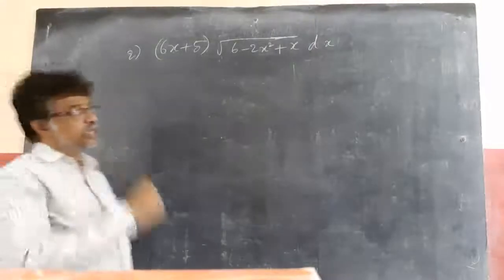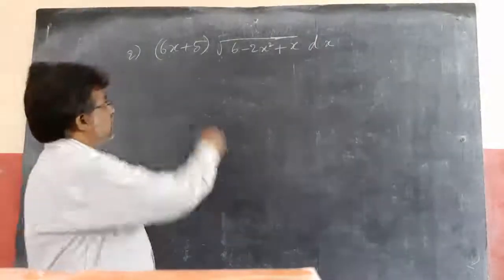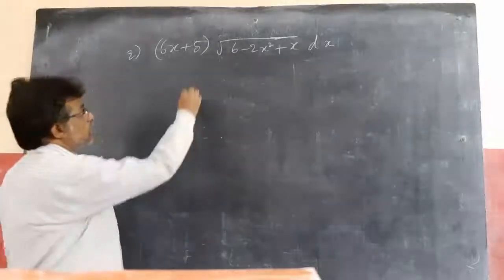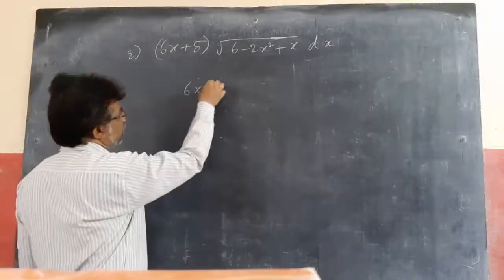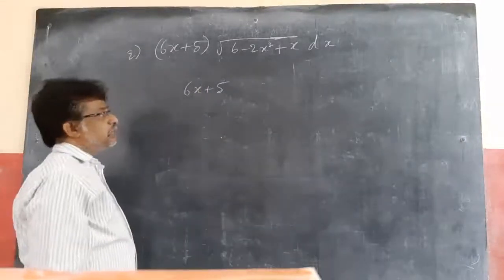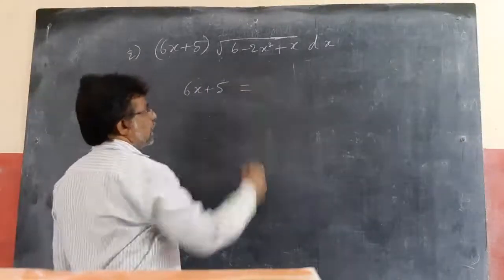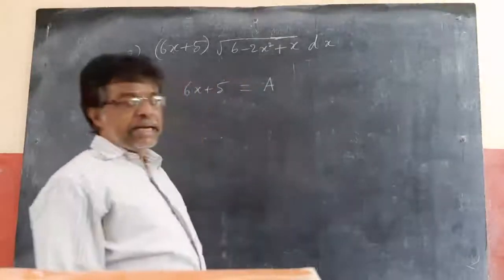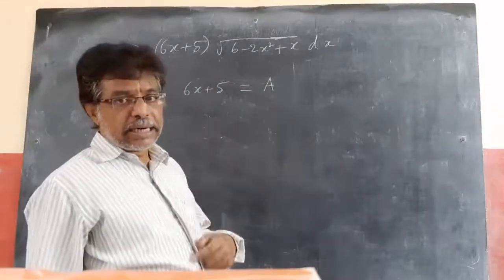How to simplify this? Same procedure. This is linear, this is quadratic. So linear, that is 6x plus 5, equals a into d by dx of the quadratic.